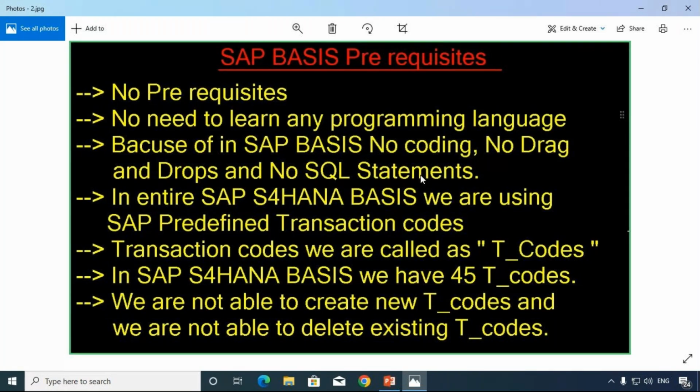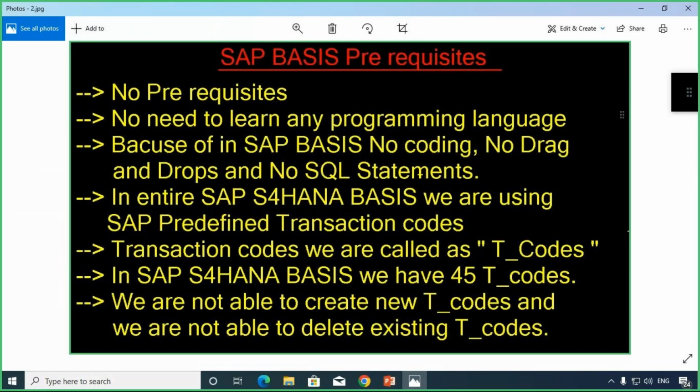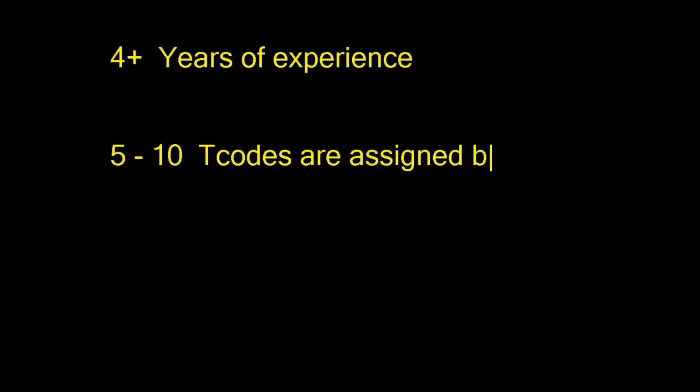But based on our experience, once you join an organization, for example, if I joined with 4+ years of experience, the organization will assign maybe 5 to 10 T codes.